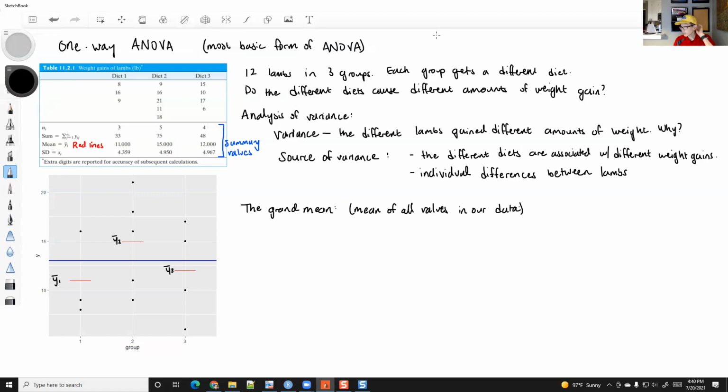Now, we have the raw values. We have all 12 raw values. And so the grand mean, we use the symbol Y double bar. We can just add up all the raw values, and we're going to divide by the total number of values.